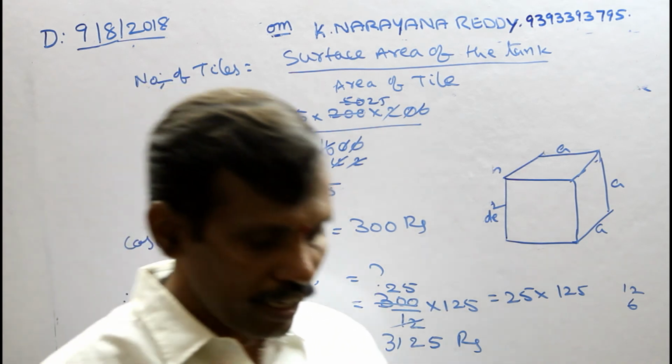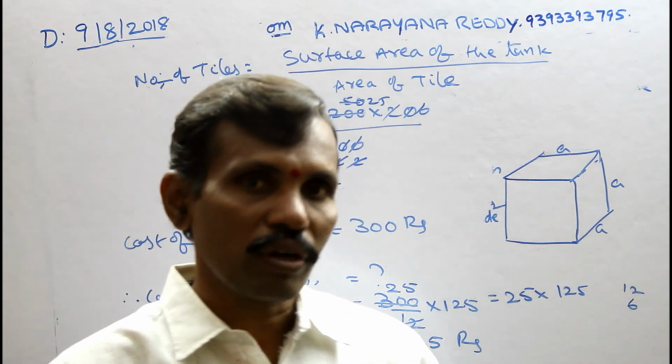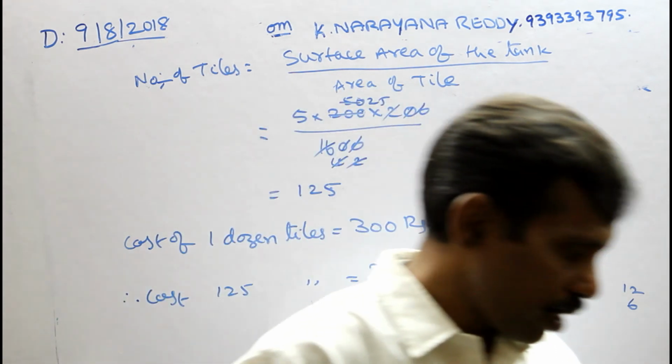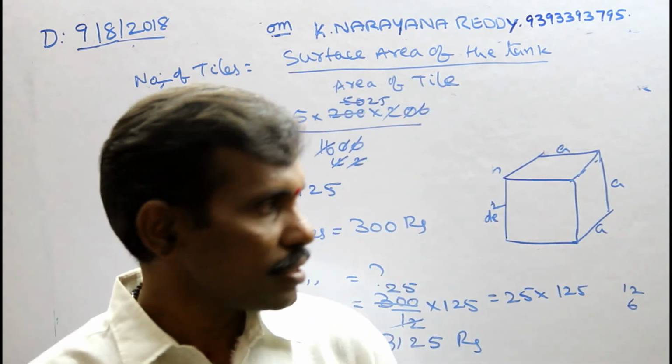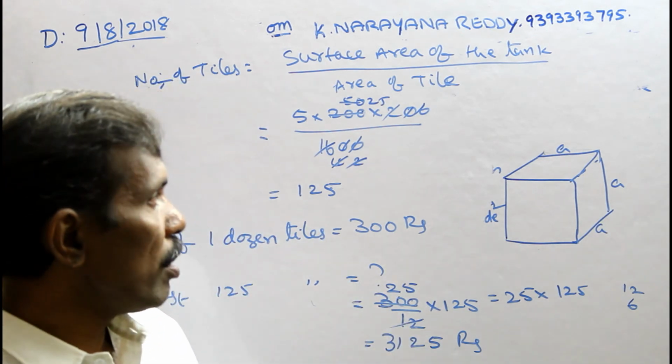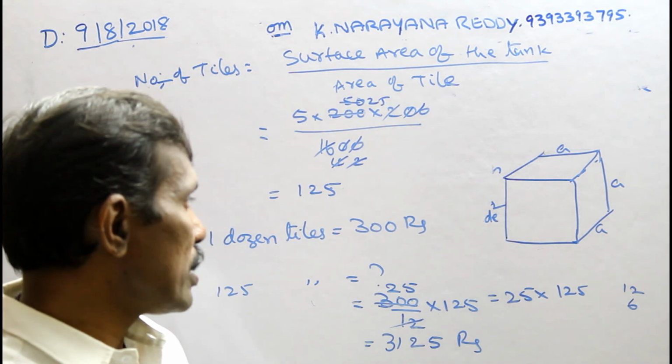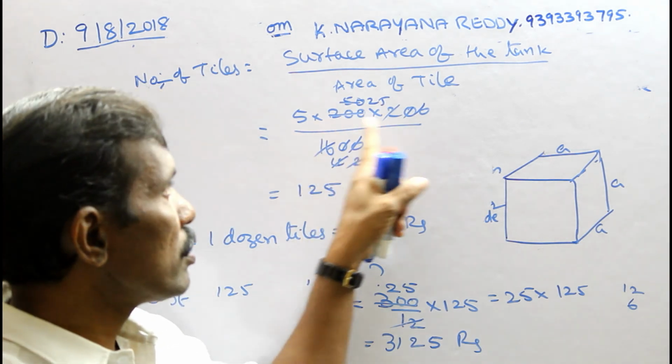In this way you can find the cost to cover the tank with tiles. Here you have used the surface area formula excluding the bottom. That's why you are taking 5 into side square.